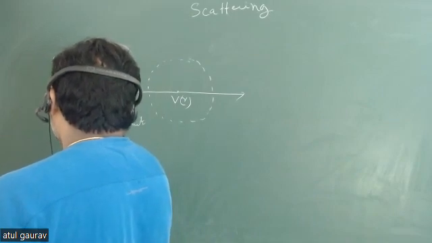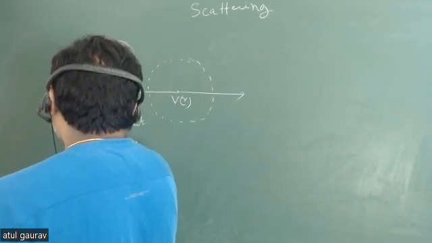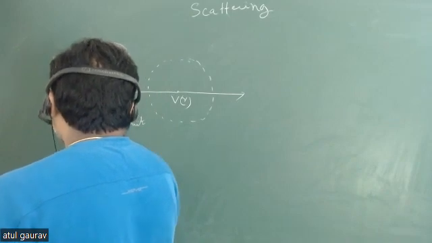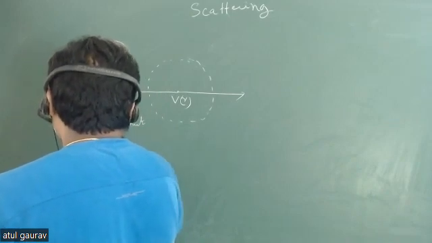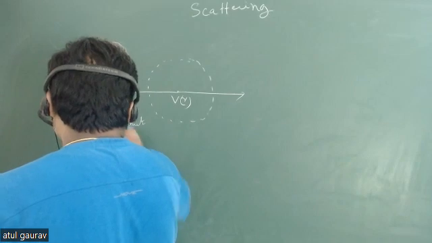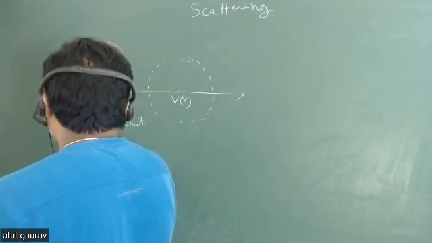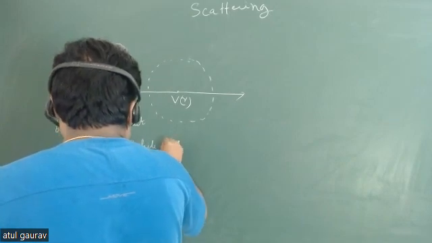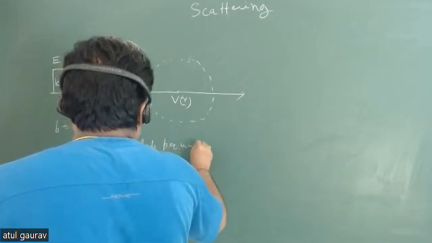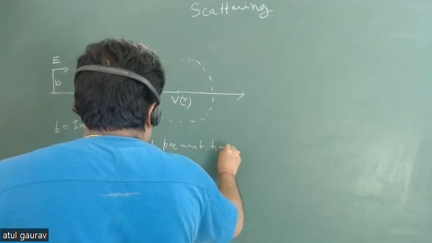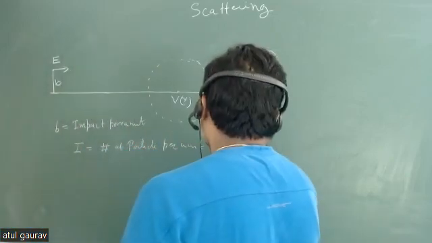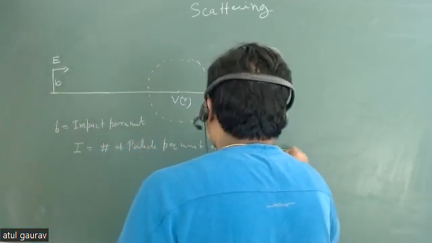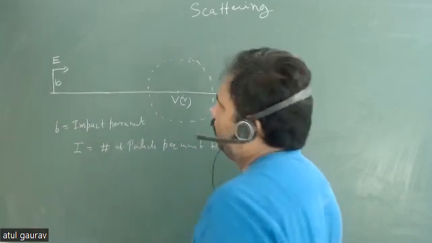Intensity is the number of particles per unit time per unit area. So here is the intensity of the particles.